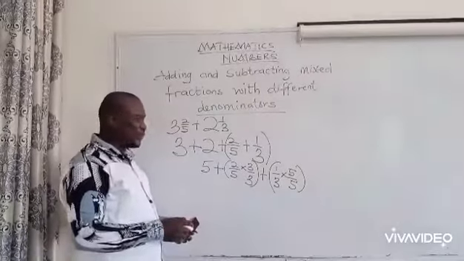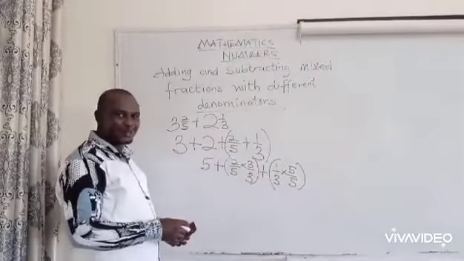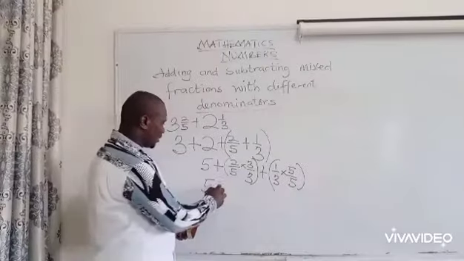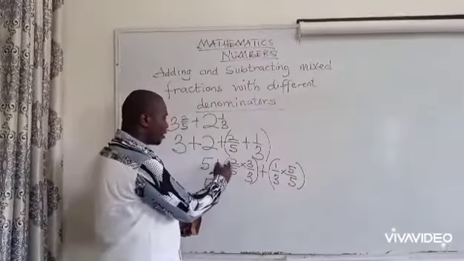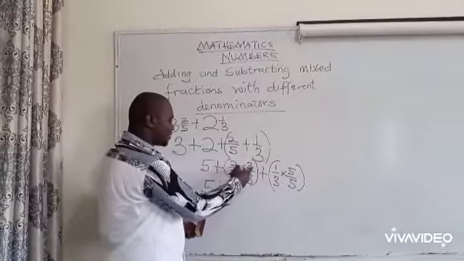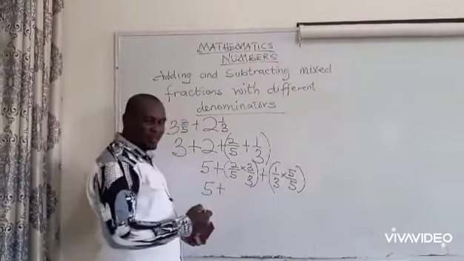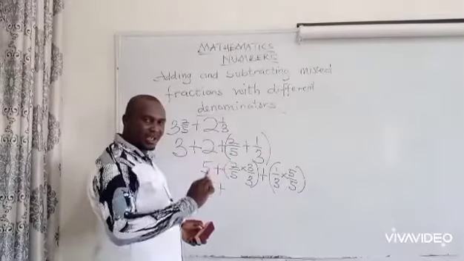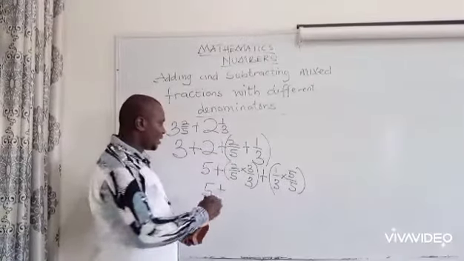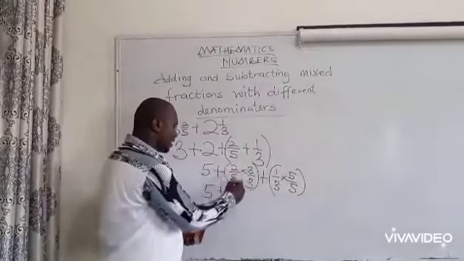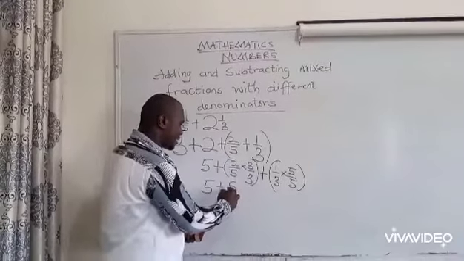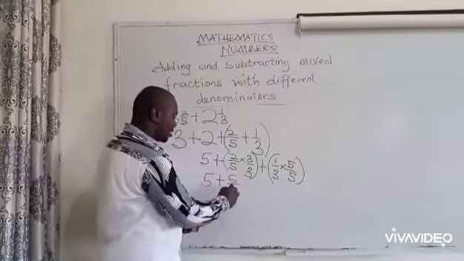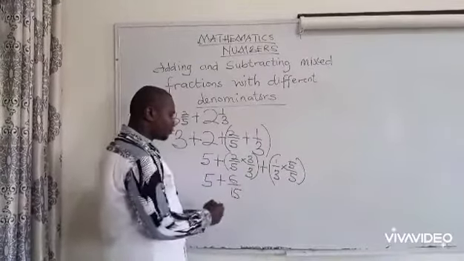I hope it's very simple. Let's continue. So we have our 5 whole number plus 2 times 3. Don't forget, in multiply fraction, you multiply the numerators and denominators. So 2 times 3 is 6 out of 5 times 3, 15.